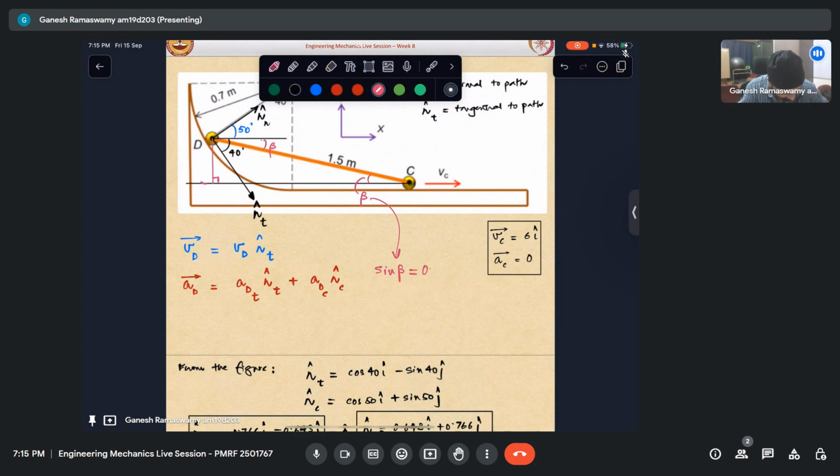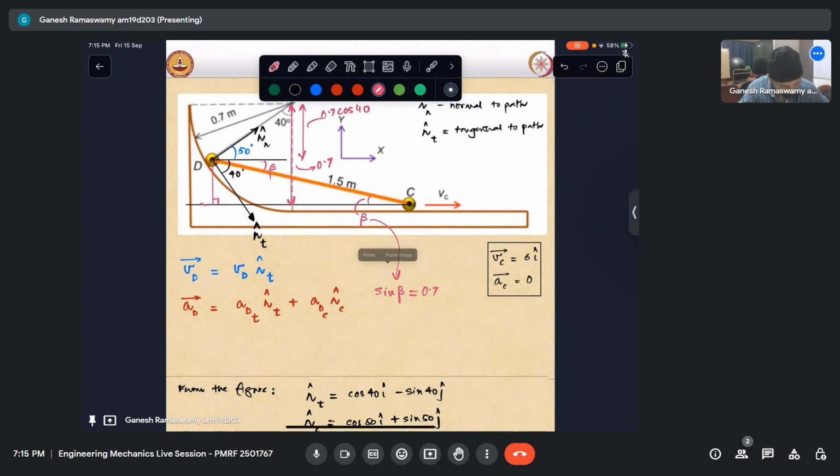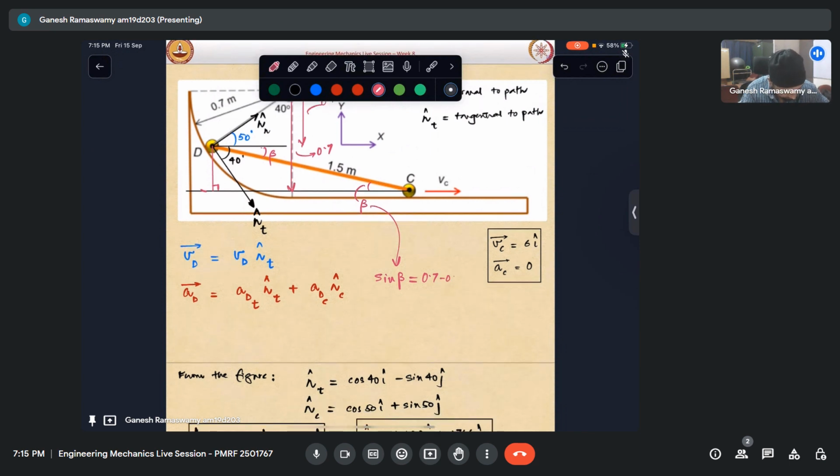This is 0.7, and then this is 0.7 cos 40. So this is 0.7 minus 0.7 cos 40 divided by 1.5 meters.